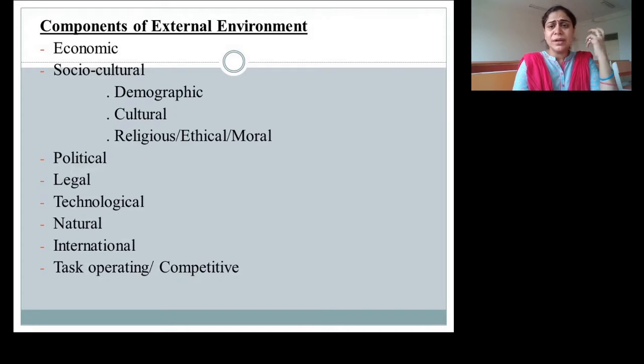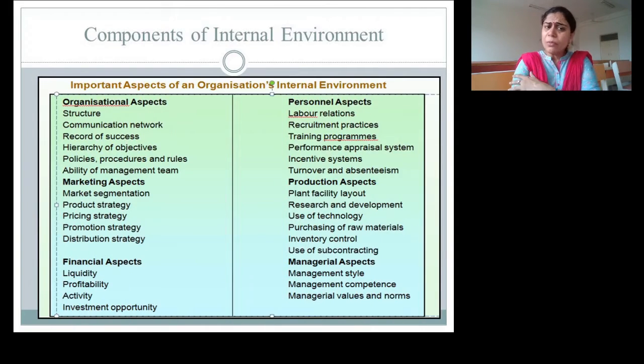Like what are the natural hazards that may impact, like the geography of the company gives the competitive edge. We have an international environment also, how the company is successful in reaching out to the international aspects. Then we have task operating and the competitive environment. Moving on to the components of internal environment.